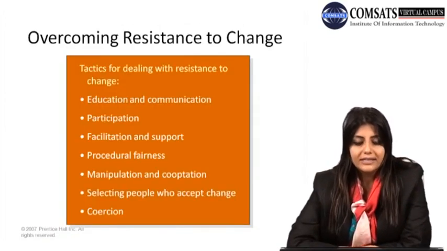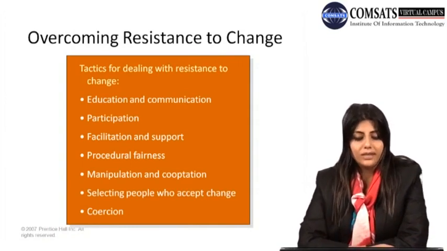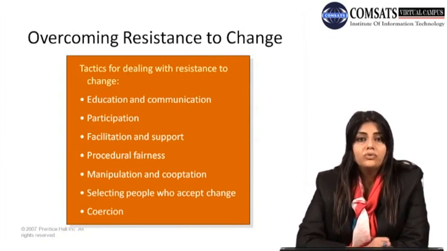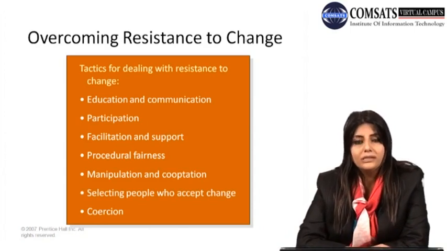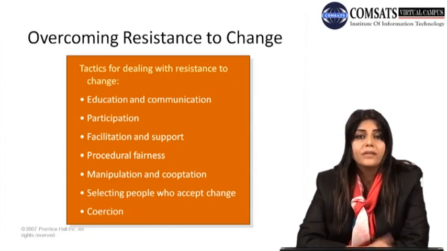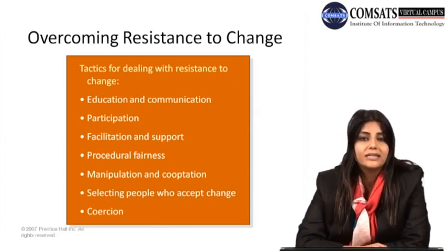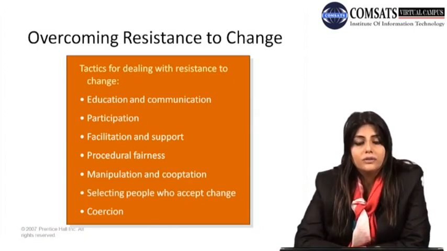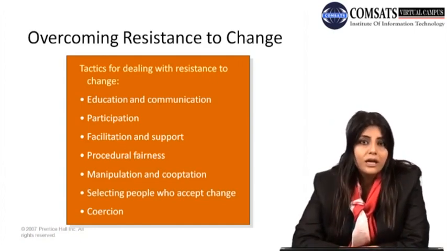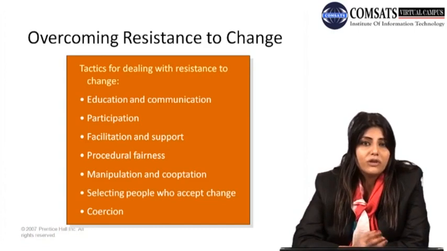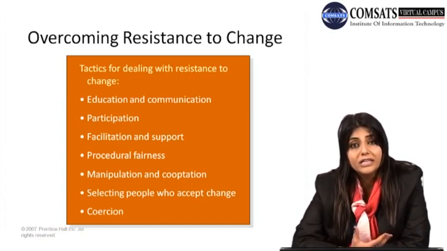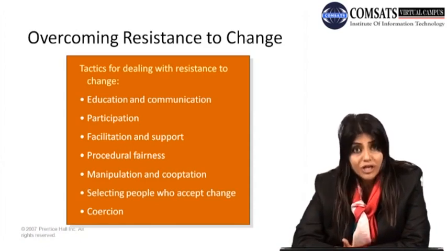So there are a number of tactics that organizations can use when dealing with this change. One is education and communication, in which you try to communicate with the employees and educate them by gathering the data, making presentations to the employees, showing them the trends and the graphs, and educating them about the necessity for change.